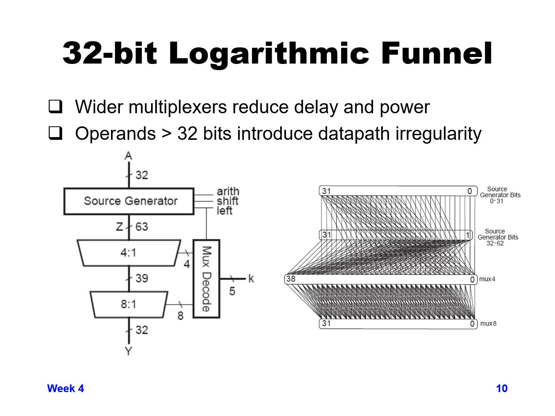And the right hand side is showing how we might do the layout for this shifter. Keep in mind the total number of bits that we have for a 32-bit number that we want to shift is 2n minus 1. So we have our 32-bit number, and then we have an additional 31 bits.